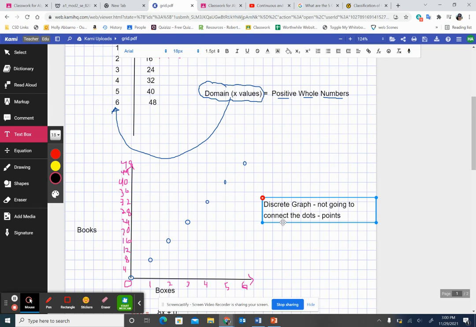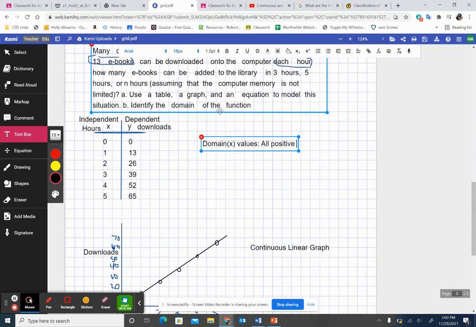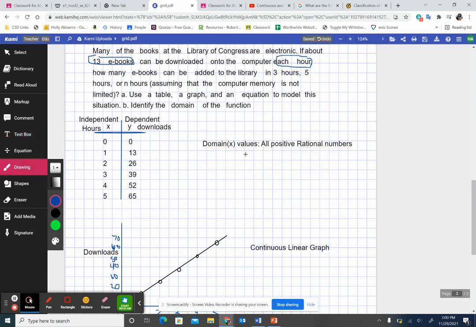So we're going to call this x values all positive rational numbers. And that's going to identify our domain. Our x values are going to be all positive because we can't have negative time, but we want the rational numbers, which includes the fractions and the decimals and all of that. And that's going to include all of these numbers plus everything in between.